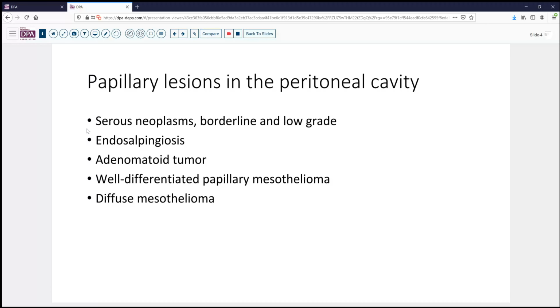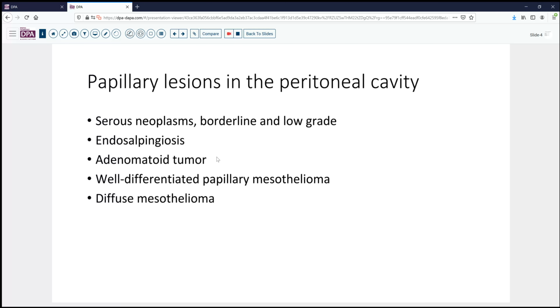Obviously, coming from the GYN side of things, we're going to think about serous neoplasms, both borderline and low-grade serous carcinomas. This would be the lowest of the low grades. Certainly, it's much lighter fare than even many of the borderline lesions. Endosalpingiosis might be a consideration, although that's usually not papillary or exophytic like that. It usually contains cystic type lesions.